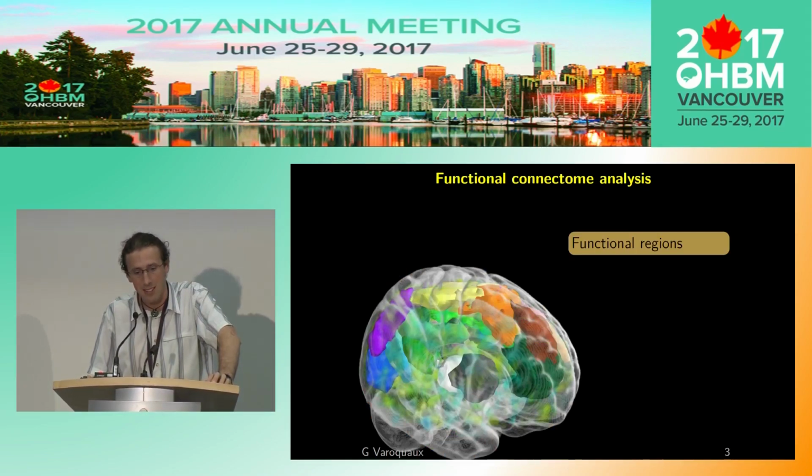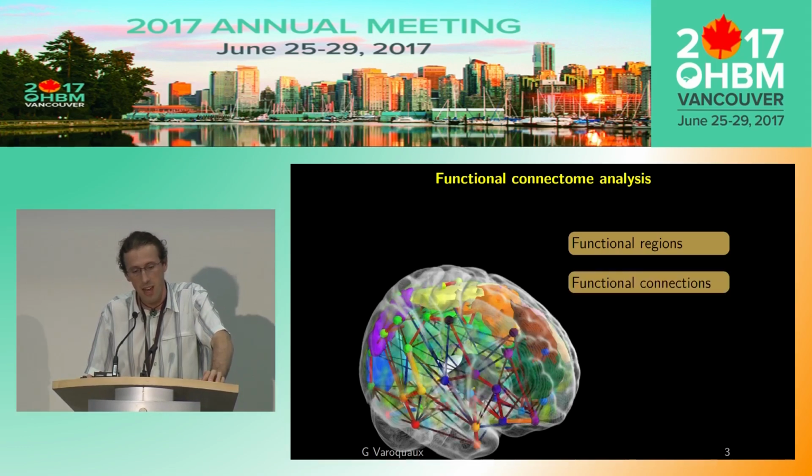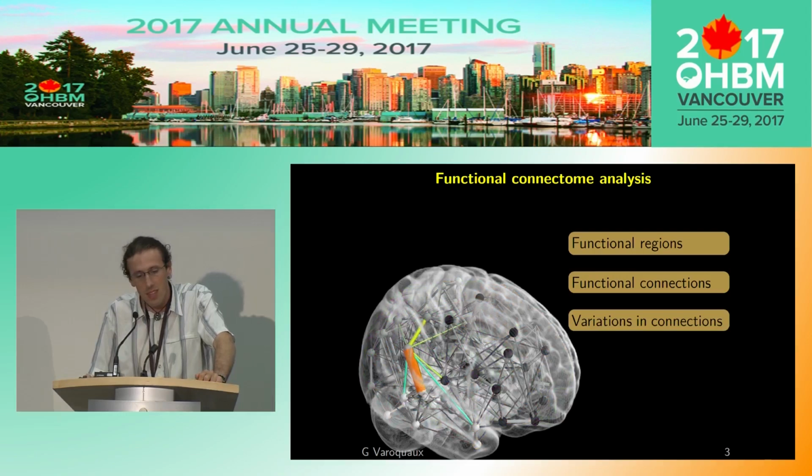In practice, a typical functional connectivity analysis that I'll be interested in builds, from a bunch of functional regions, a set of functional connections, and I'll detail a bit what meaning this can have. And then maybe they'll be interested in variations in these connections, just like what Emily mentioned.